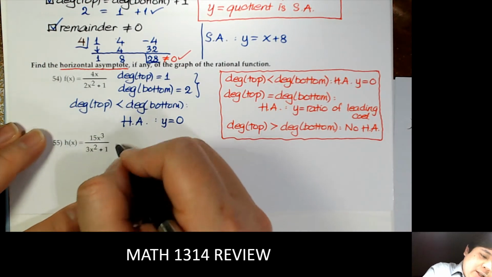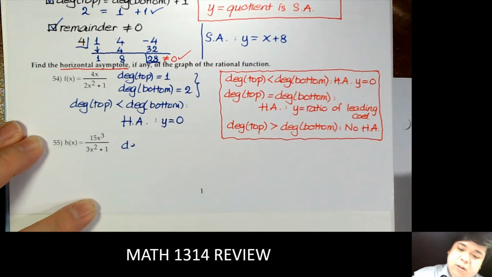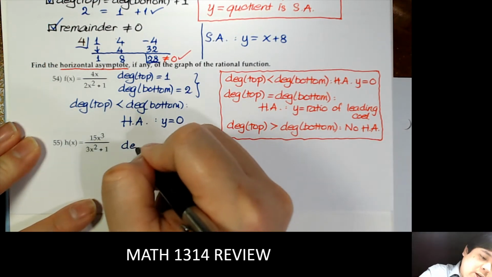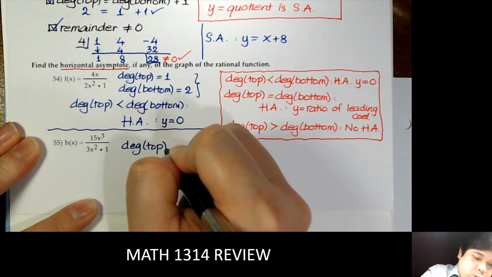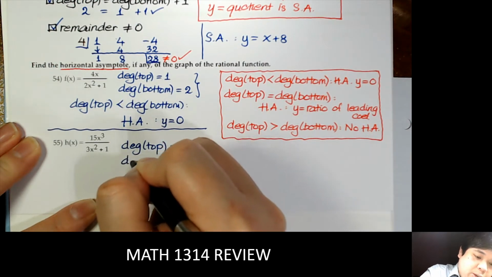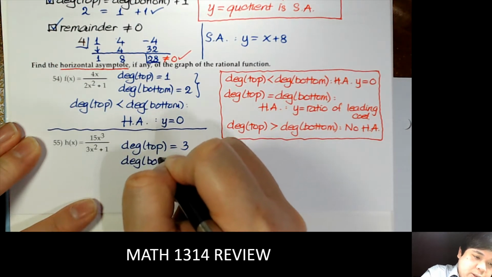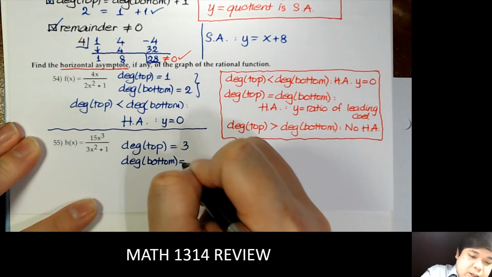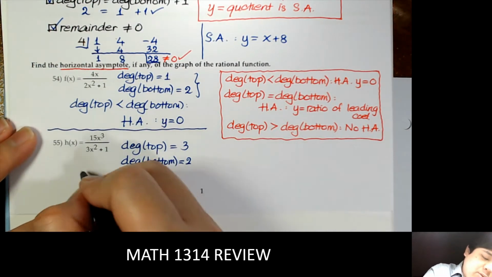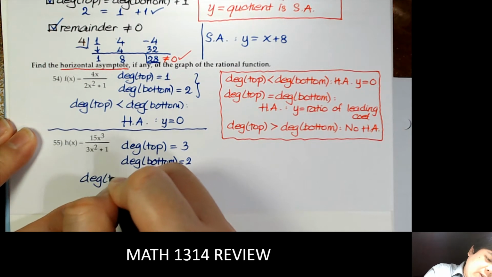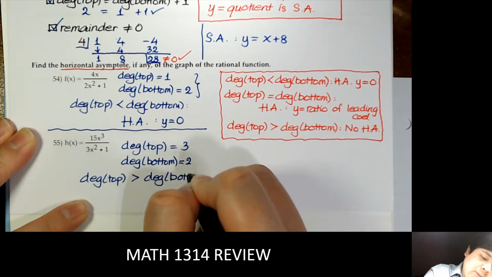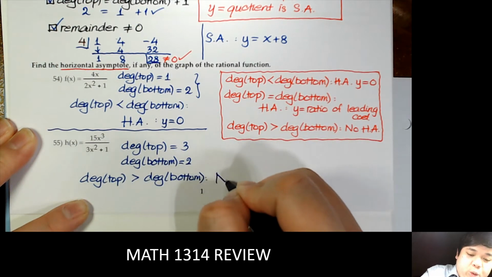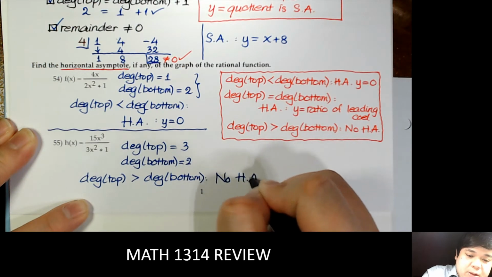Next, degree on top is 3, degree at the bottom is 2. Now degree on top is more than the bottom. So there will be no horizontal asymptote.